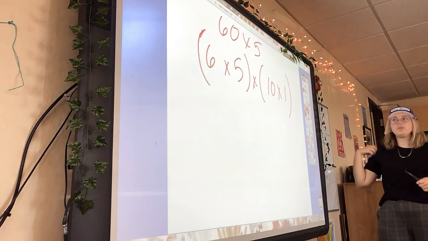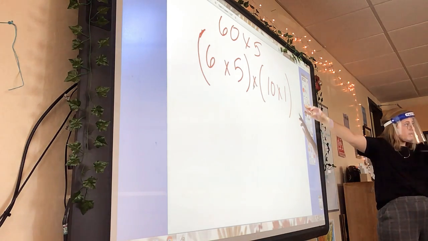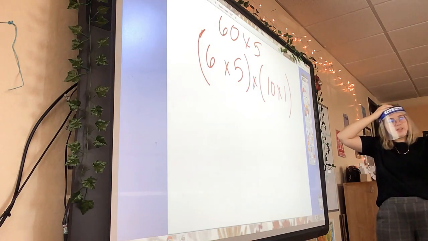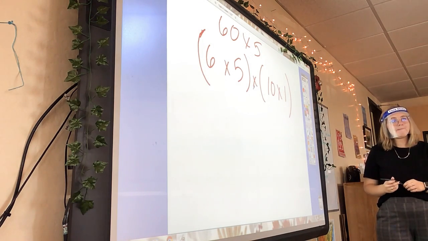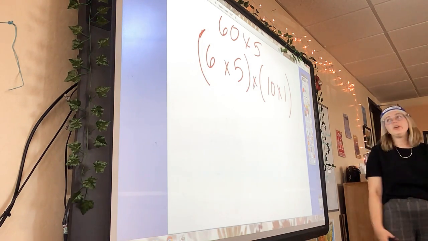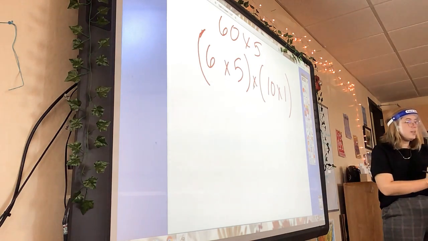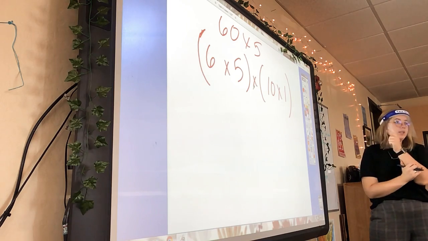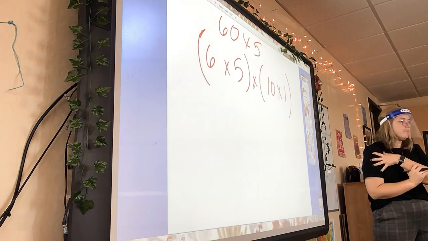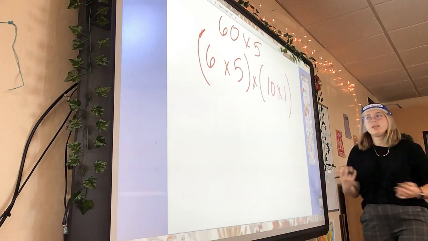Does everybody see the difference? You could write the words 10s times 1s if you wanted, or you could write just the digits, the number version, okay?